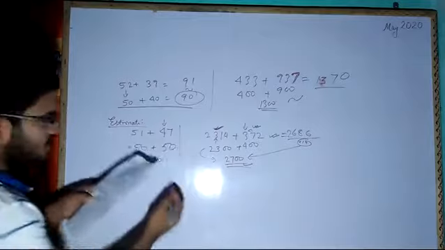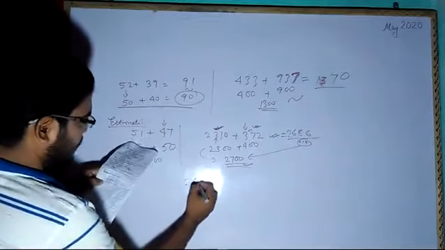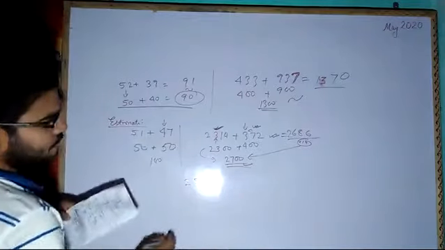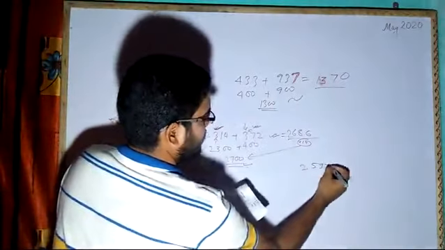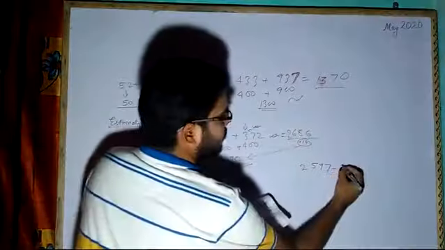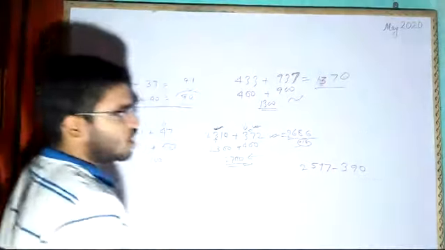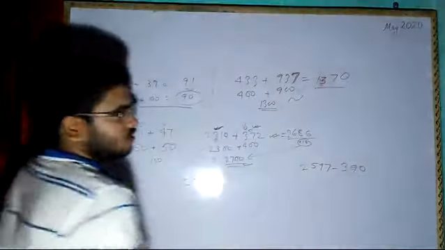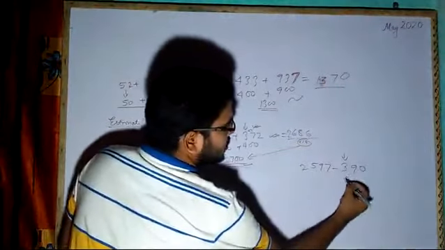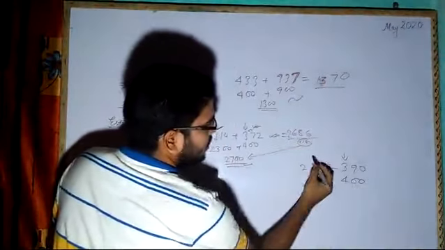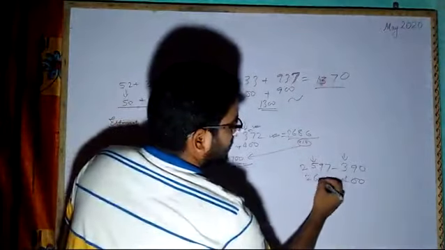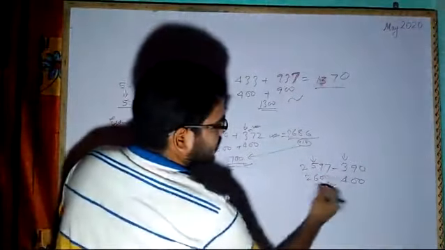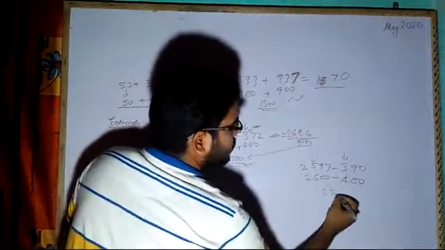Now another question is like 2597 minus 390. The smallest number is 390. So round up will be up to this position. So this will become 400. Here also we have to go for the 100 position only. Then this will become 2600 minus 400, which will be 2200.